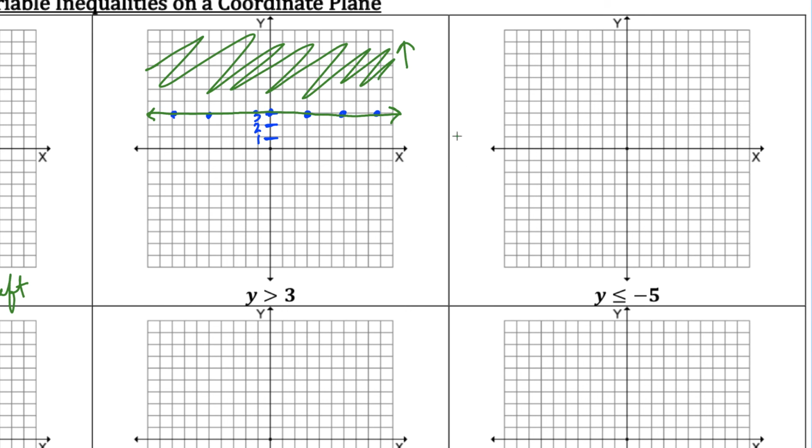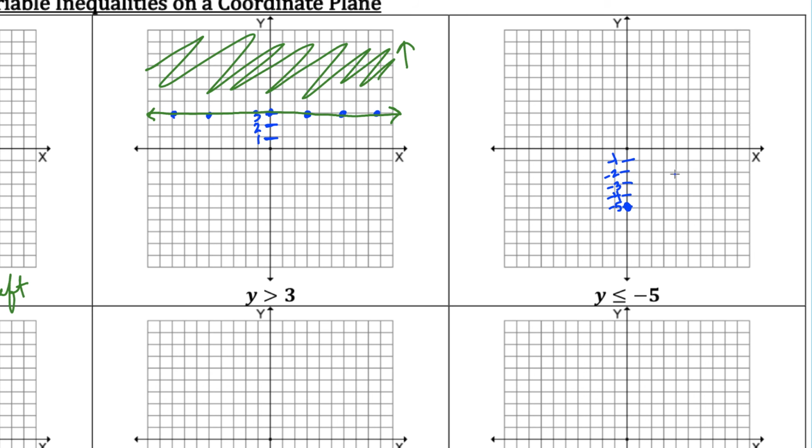Cool. And y is less than or equal to -5. So let's go to where y is -5. So -1, -2, -3, -4, -5. So right here.